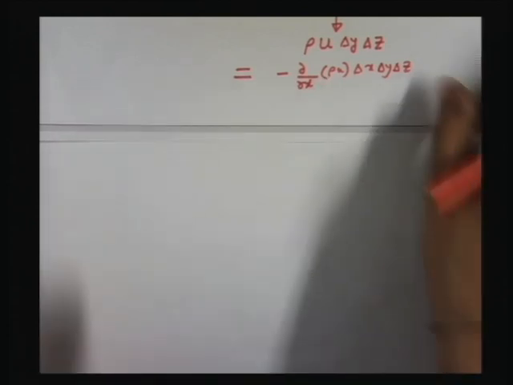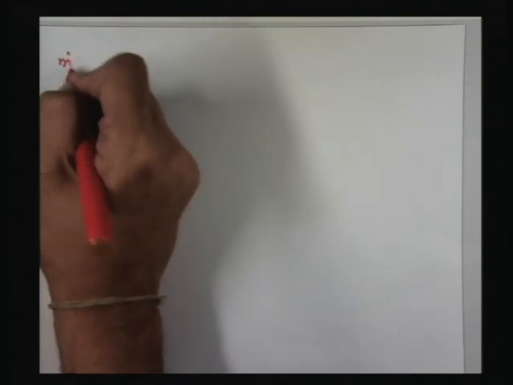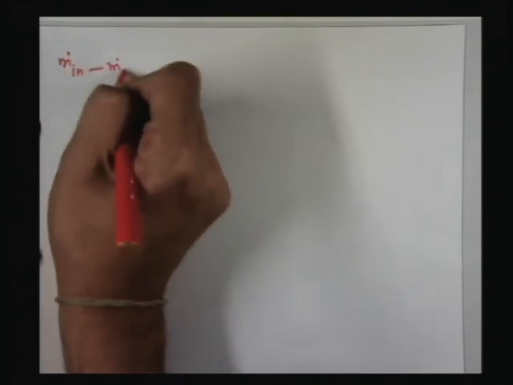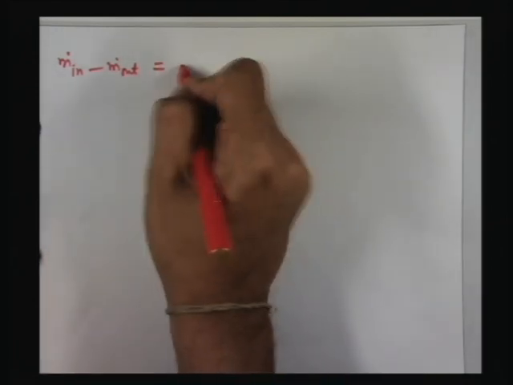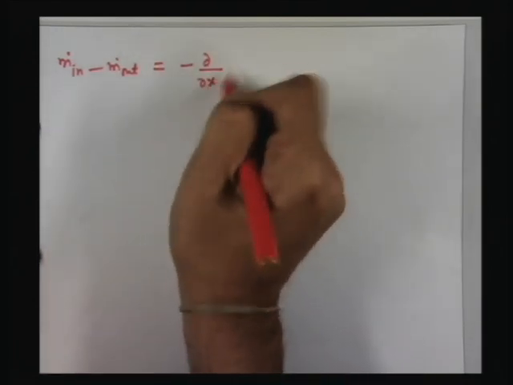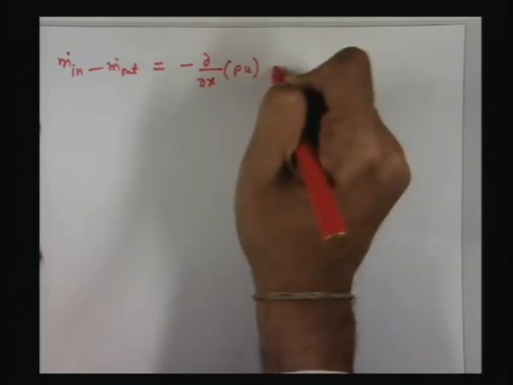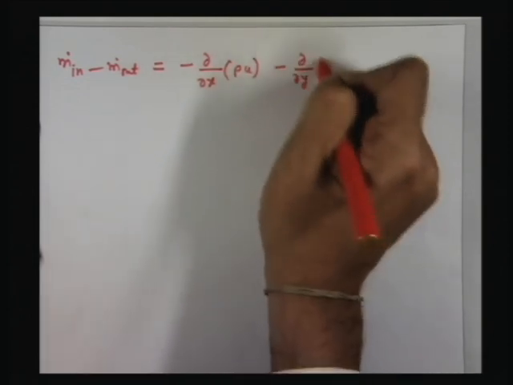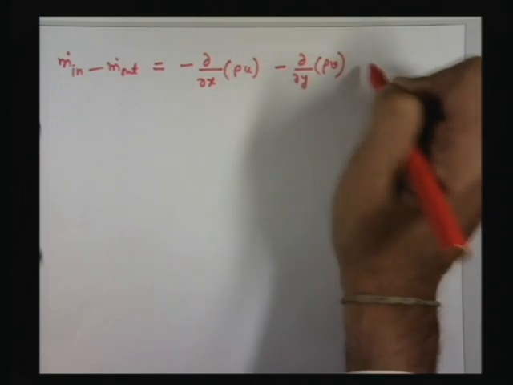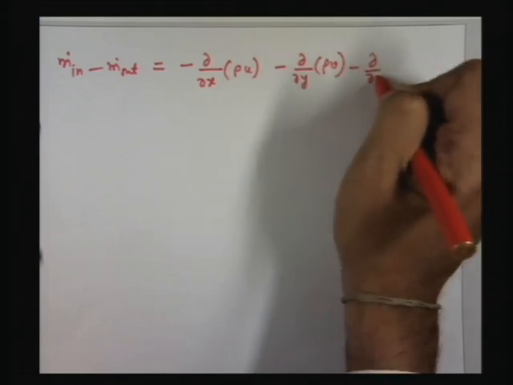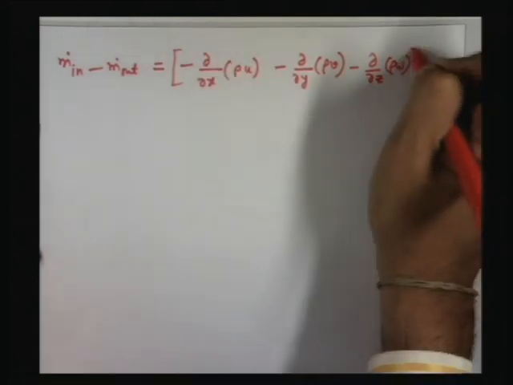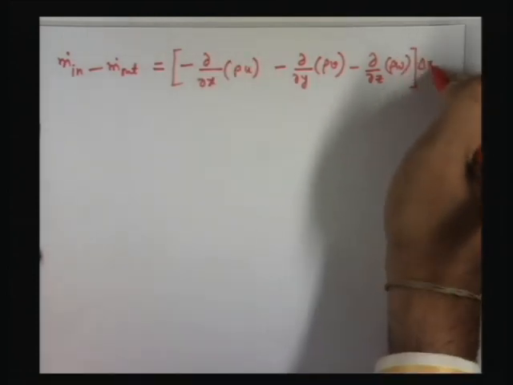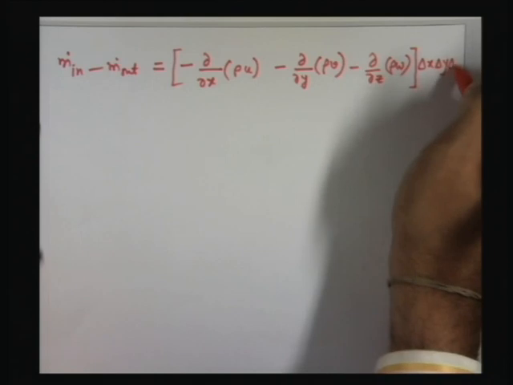So let us therefore write m dot in minus m dot out. This is equal to minus del x of rho u minus del y of rho v minus del z of rho w into delta x, delta y, delta z.